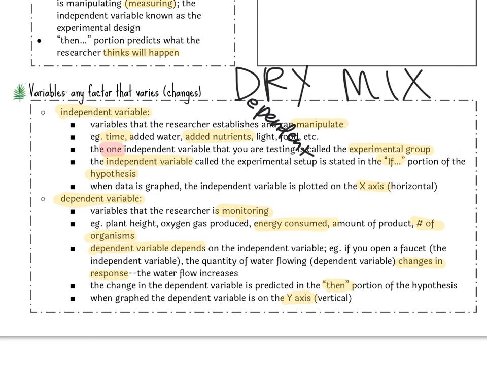I just don't have a spare piece of paper. So the dependent variable is the response. It's what you're measuring. It is responding. It's what happens. Okay? So the dependent variable is the response, and it is graphed on the y-axis.